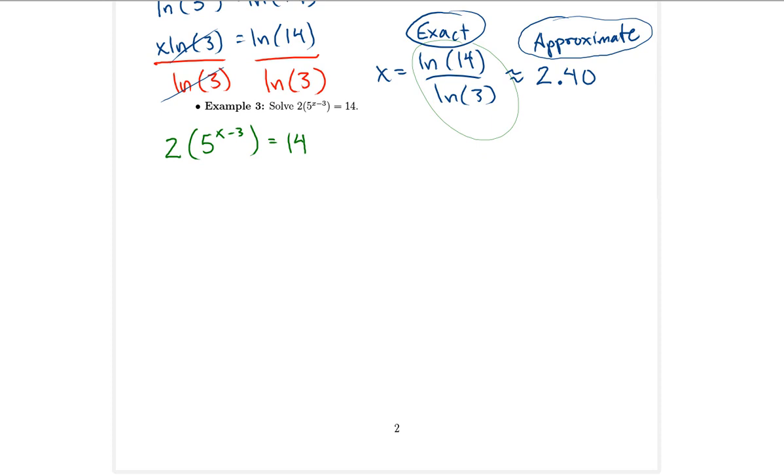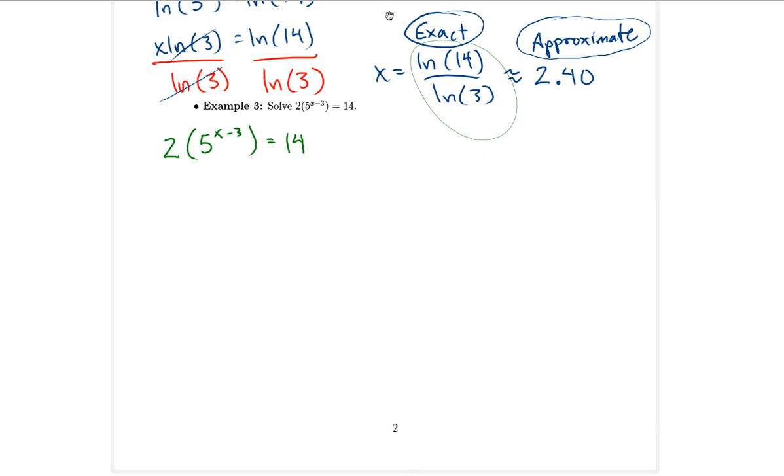So before I go taking the log of both sides, I want to start by getting the exponential by itself. So this will be 5 to the x minus 3 equals 7.